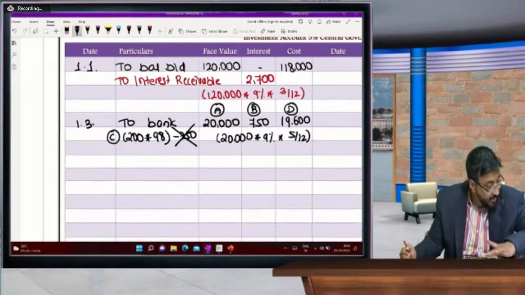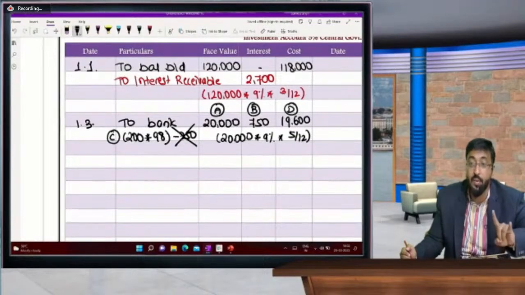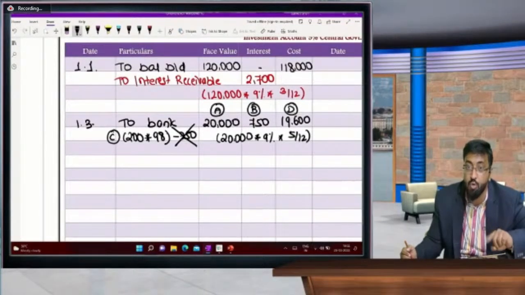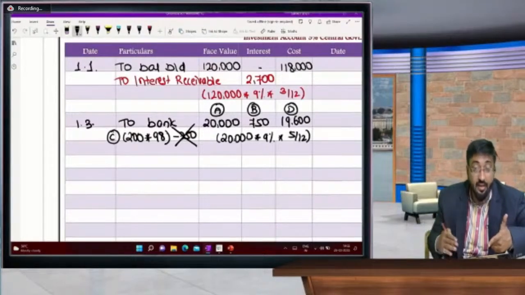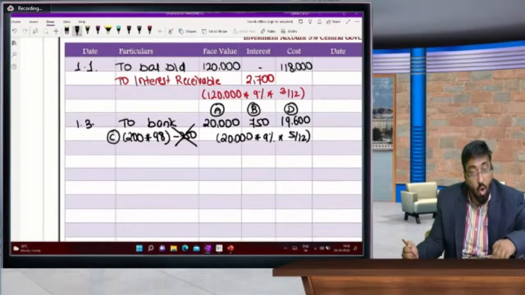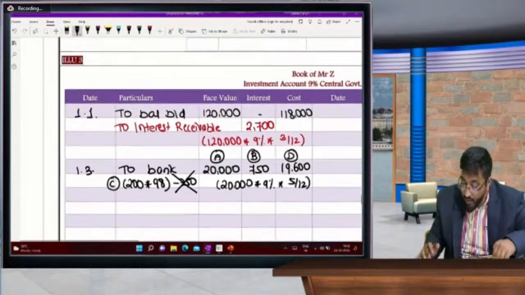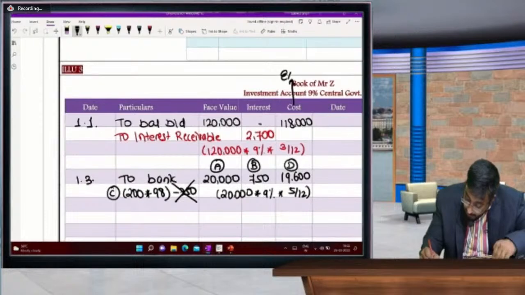Very simple. So बेटा if it is cum interest, क्योंकि प्रथम ने पिछला टॉपिक नहीं किया था, फिर भी उसको ध्यान में आ रहा है. सो A किसमें लिखेगा बेटा प्रथम? A फेस वैल्यू. B इंटरेस्ट. C इनर साइड और D कॉस्ट कॉलम. और कॉस्ट इज ऑलवेज शोन एट ex interest.